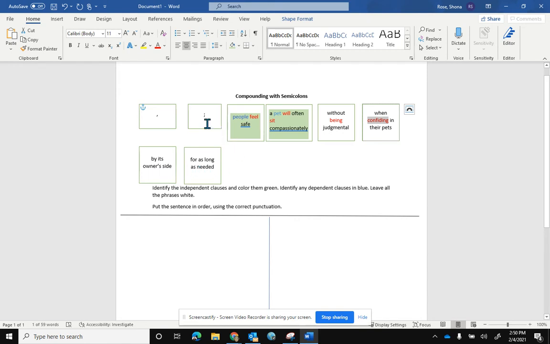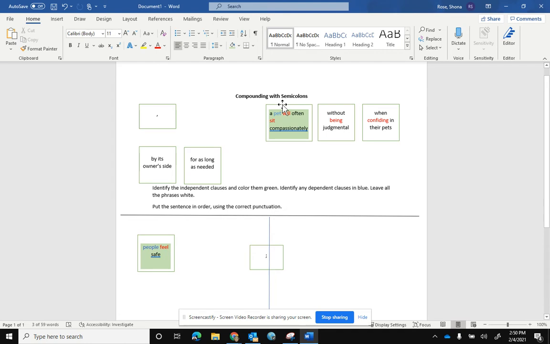Now, here's the next thing we're going to do. We're going to combine the sentences. And the semicolon is the thing that makes the difference between the two sentences whenever we are putting them together. So I'm just going to take my little box right here and I'm going to say, I think people feel safe is on one side.